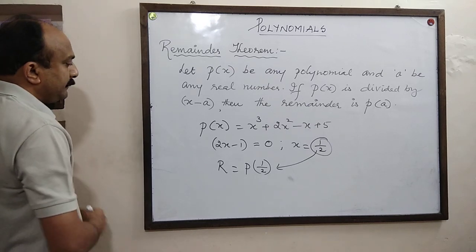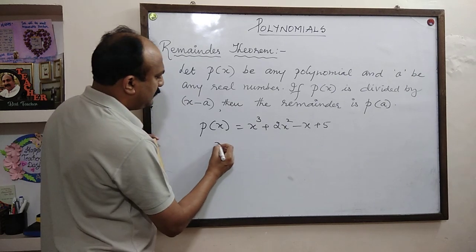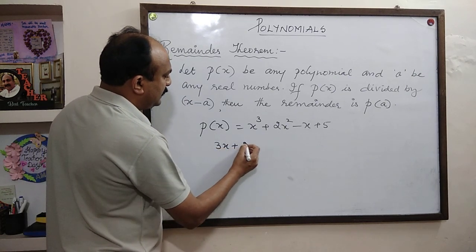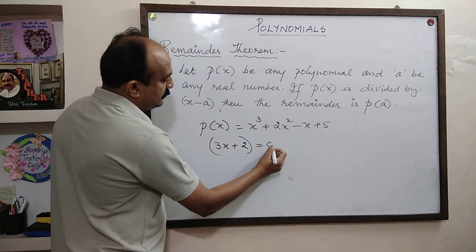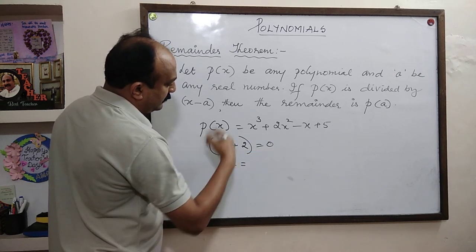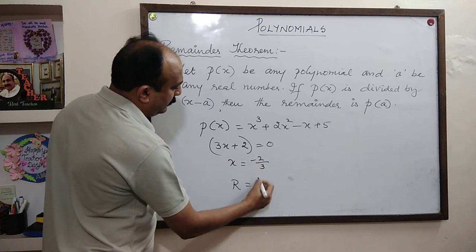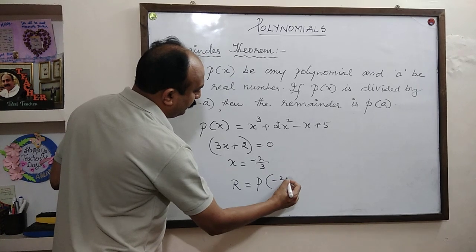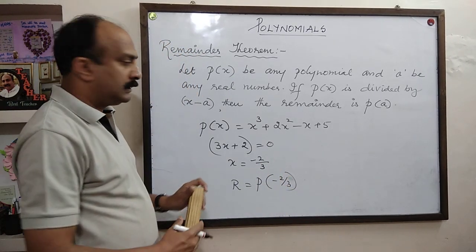Another example. Suppose the divisor is, say, 3x plus 2. Then what will be the remainder? 3x plus 2 equal to 0. X is equal to minus 2 upon 3. Therefore, remainder will be equal to P of minus 2 upon 3. Got it?